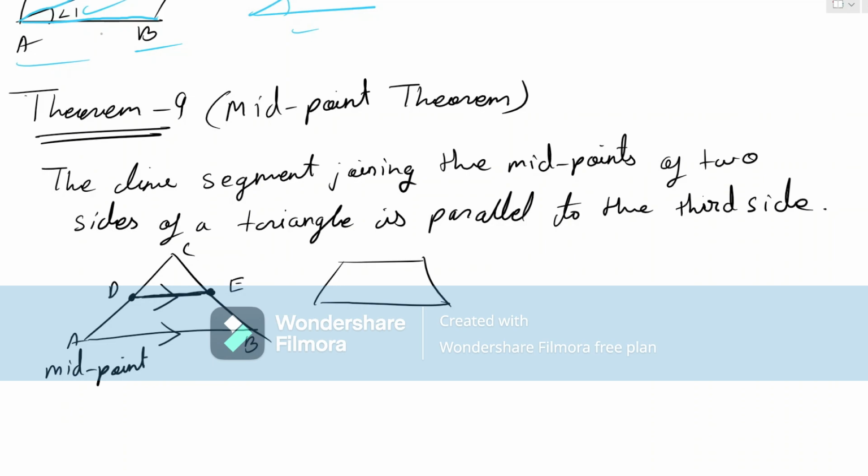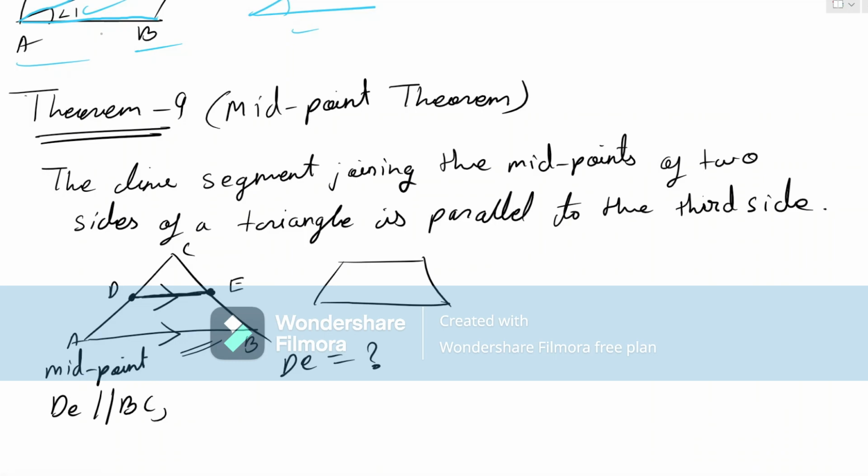Now DE is parallel to BC, right? Now suppose we want to find the length of DE. You don't know it, okay, it's in between.